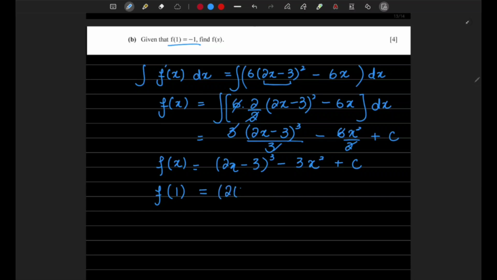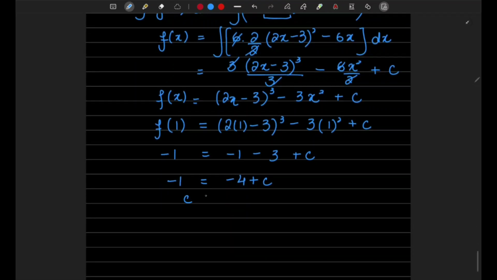So (2 times 1 minus 3) cubed minus 3 times 1 squared plus c. f of 1 is minus 1, equals 2 minus 3 is minus 1, cubed is minus 1, so minus 1 minus 3 plus c, minus 4 plus c equals minus 1, then c equals 4 minus 1, which is 3. So we get the constant of integration to be 3.